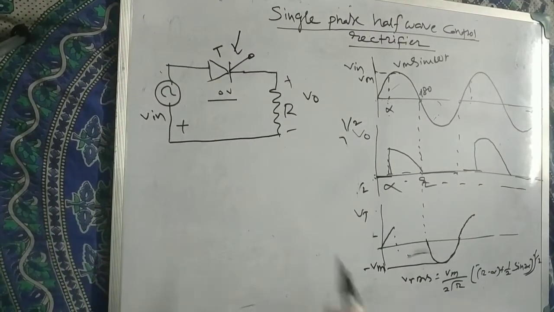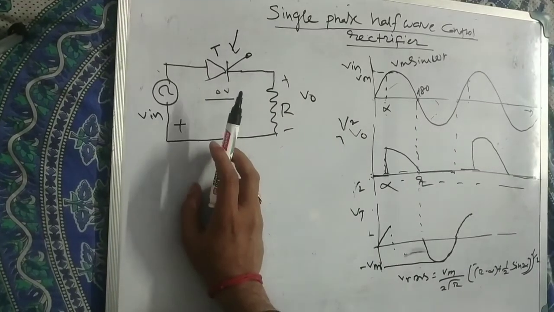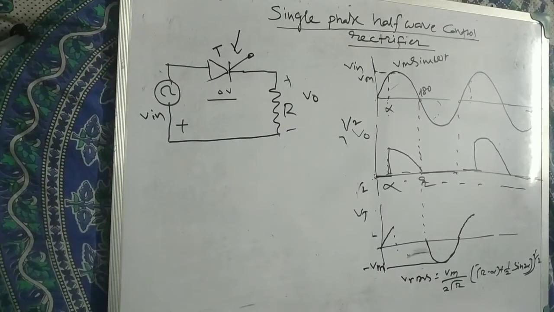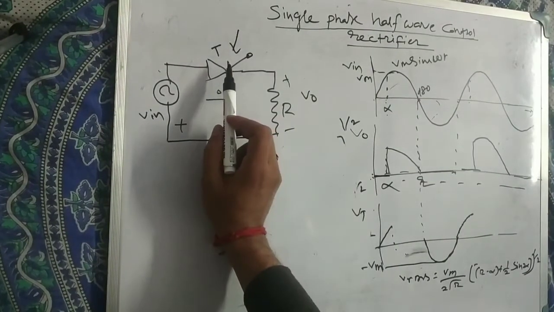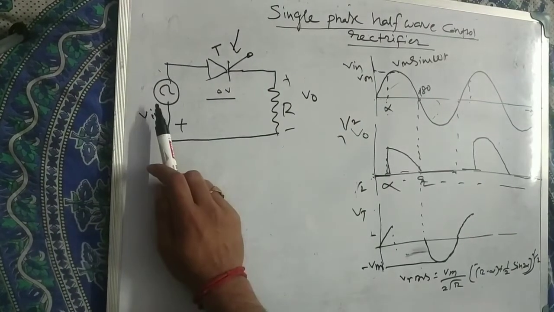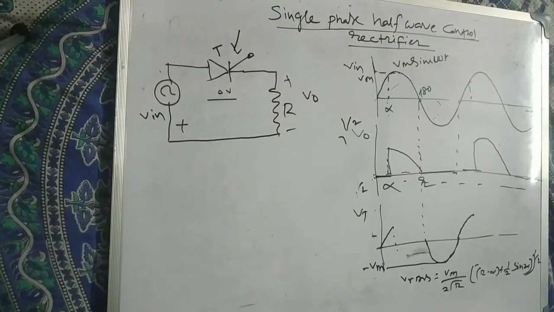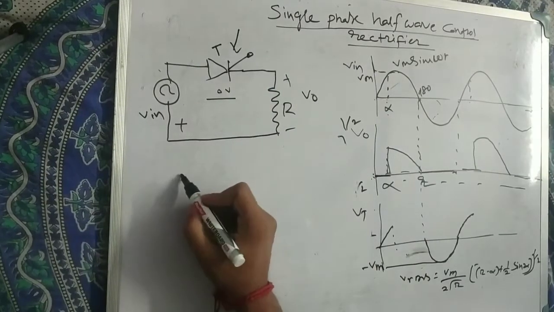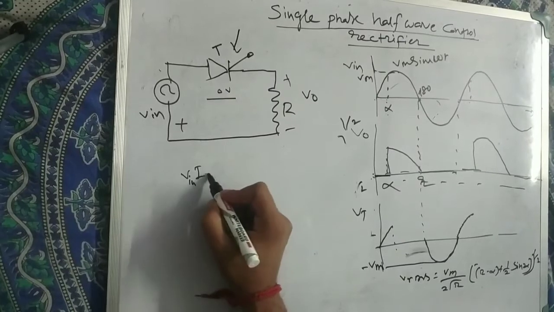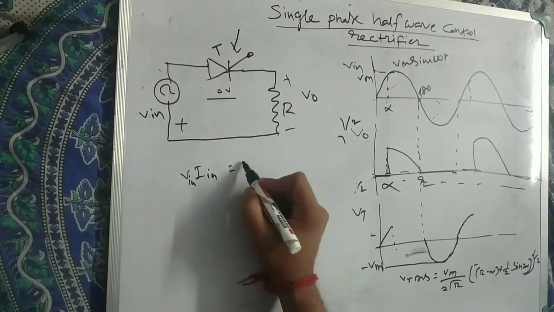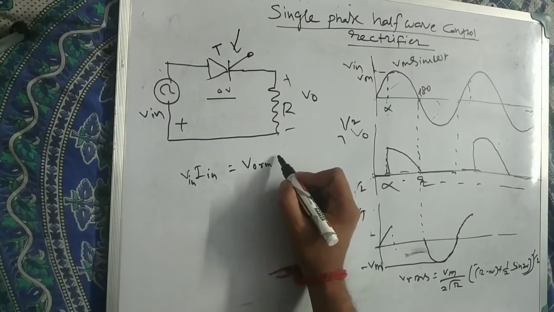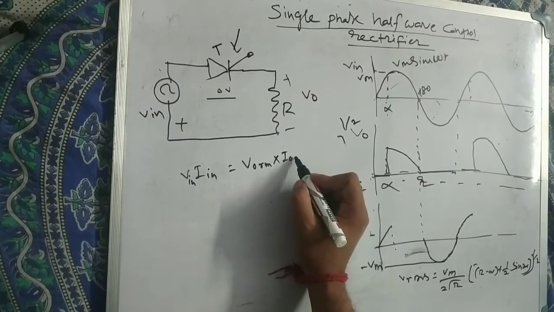We have to assume that the device is lossless, meaning there is no loss happening at the SCR terminal. So input power will be equal to output power. So we all know V input into I input equals V output RMS into I RMS.